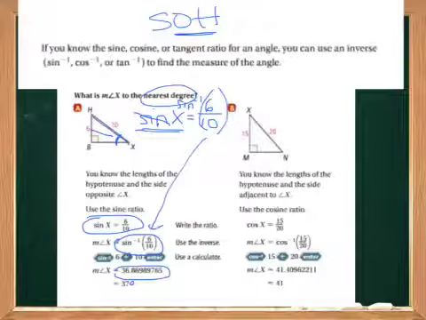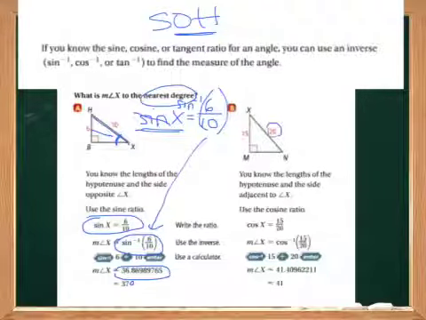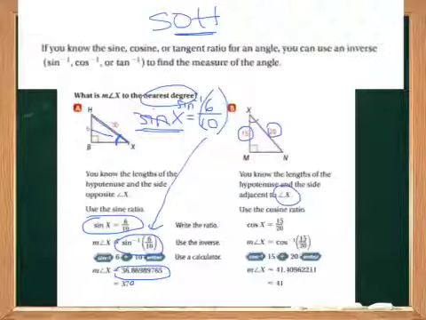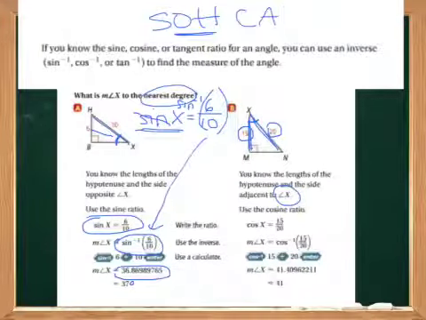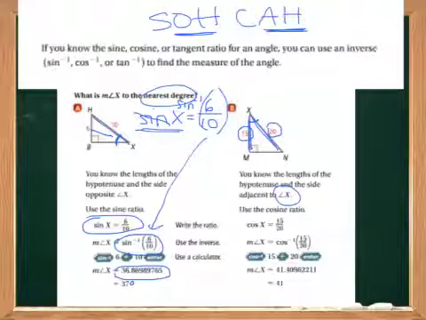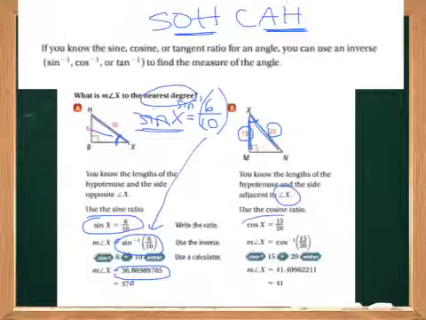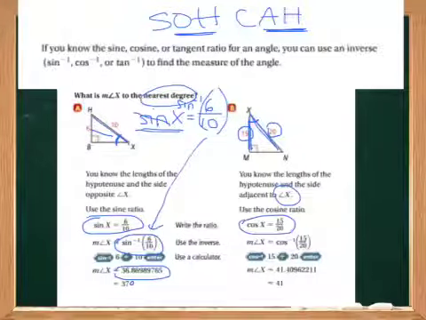Now this next example, we're looking for the measure of angle x, and we have the adjacent and the hypotenuse. Well, which trig ratio uses the adjacent and the hypotenuse? Cosine. So cosine of angle x equals the adjacent 15 over the hypotenuse 20.